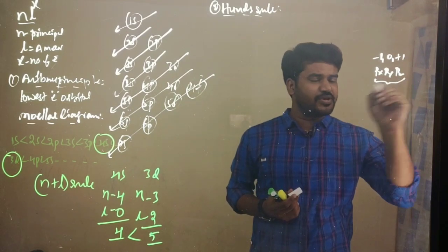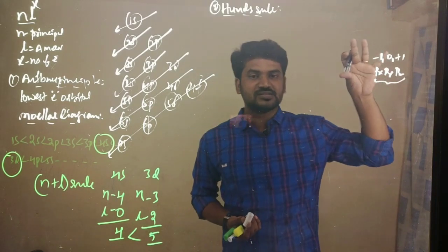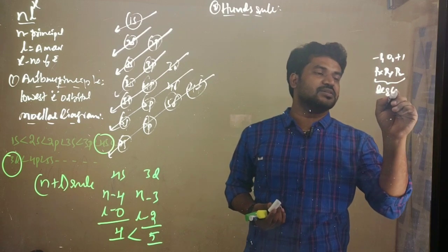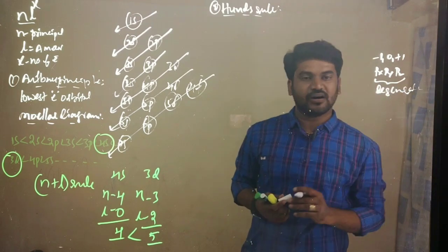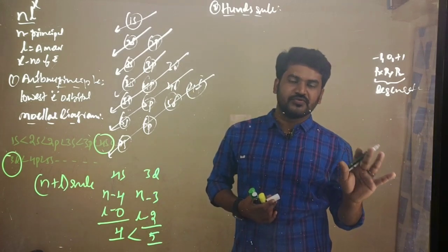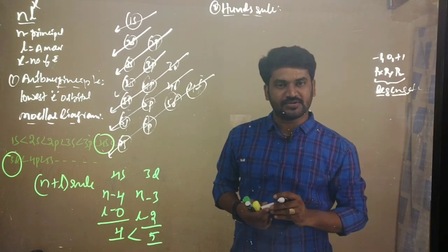These orbitals have the same energy, which we call degenerate orbitals. Degenerate orbitals means orbitals which have the same energy and belong to the same subshell.